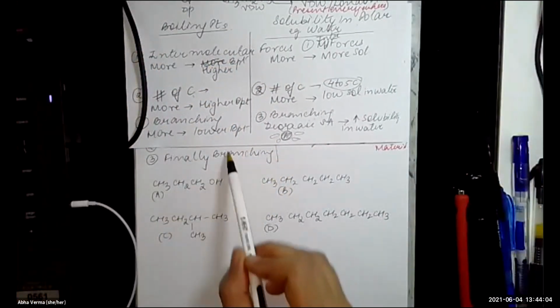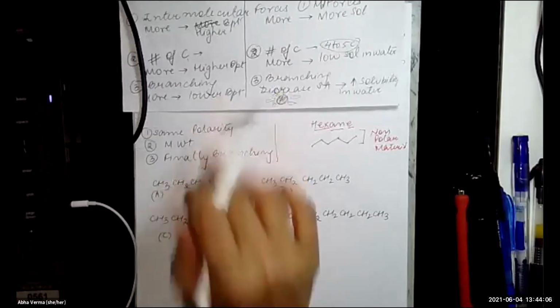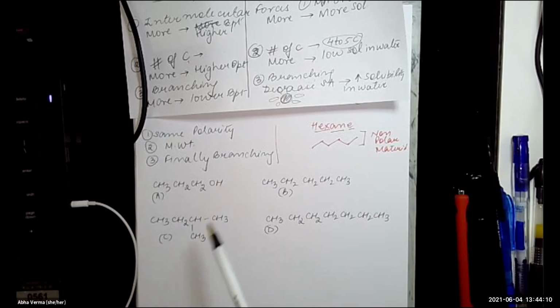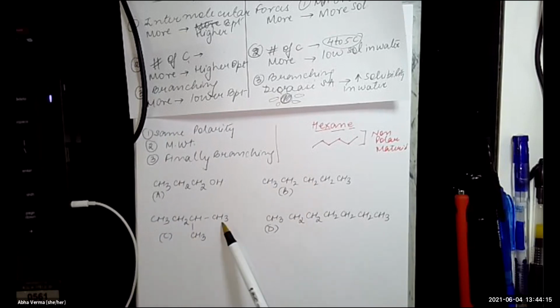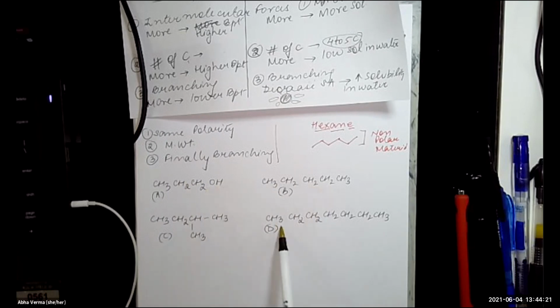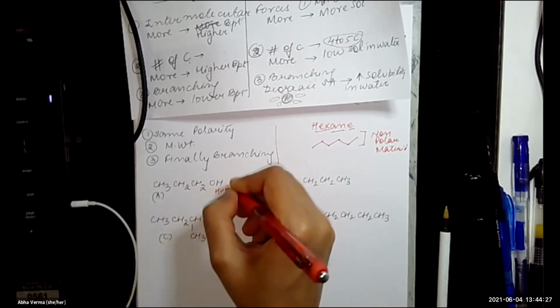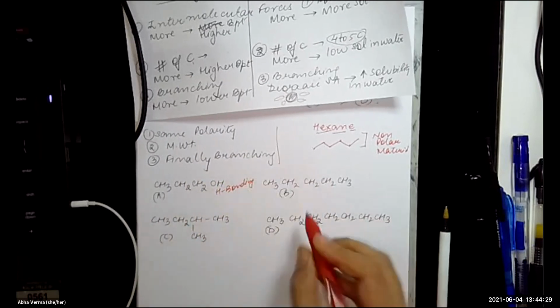So what is the first thing that I should look out for? I should look out for same polarities. So this is the only different one. The rest of these are alkanes, complete alkanes. This is my only alcohol that I see here. So among all of these, this one has hydrogen bonding also.